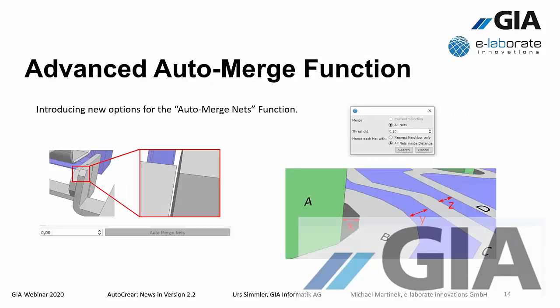We introduced some advanced automatic merge functions. So the auto merge, just to remind you, is a function which merges nets which are very close to each other but not really connected.